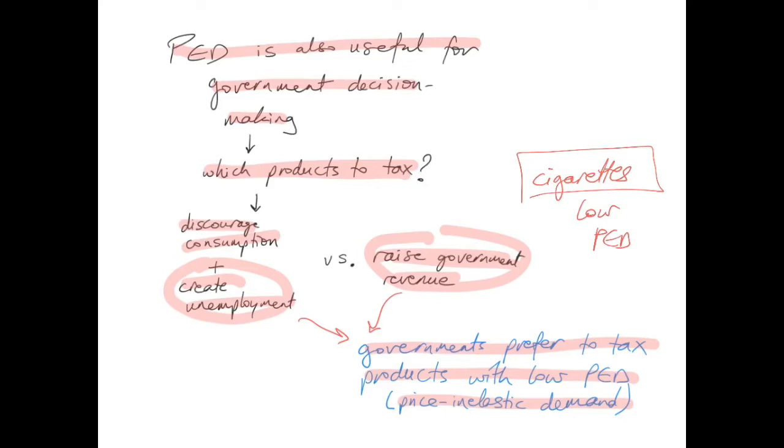At the same time, it guarantees that the government will raise tax revenue because consumers are somewhat addicted and the majority of them will probably continue smoking. So governments prefer to tax products with low price elasticity of demand because when you tax a product with low price elasticity of demand, you're not discouraging consumption too much, you're not creating too much unemployment, and at the same time, you're guaranteeing a stable source of government tax revenue.